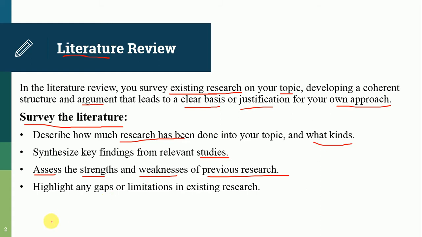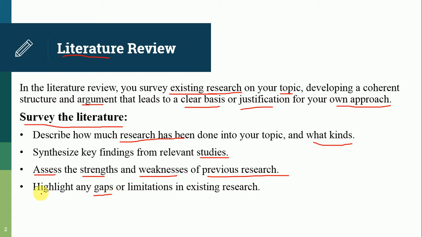The next one is highlight any gaps or limitations in the existing report. Suppose a report has been done on your topic. Study that report and then highlight the gap. For example, you say, I studied Ahmad's report, and that report has this gap, or this is the existing gap in his research.